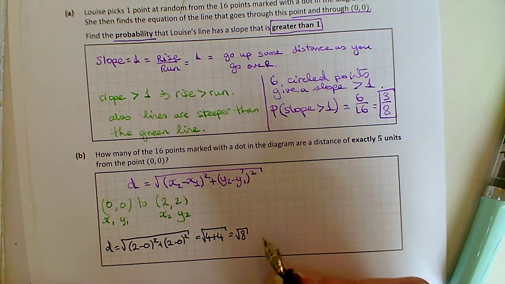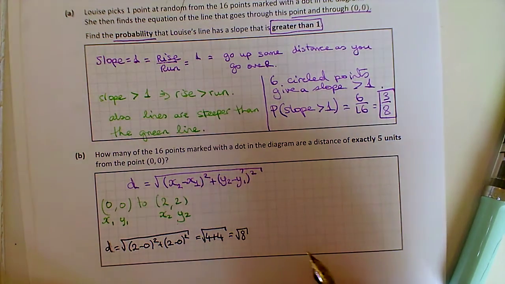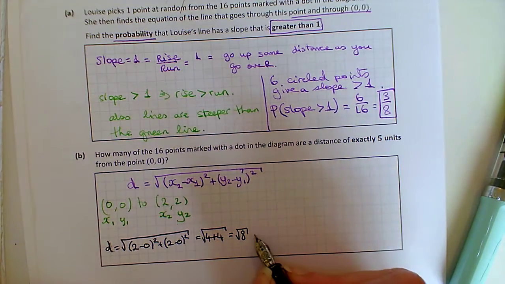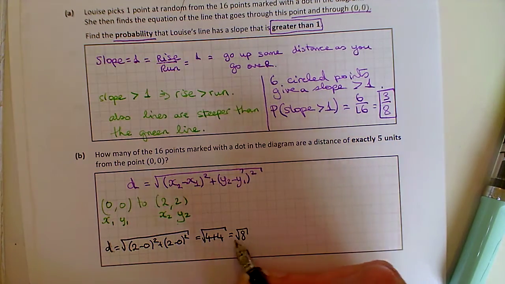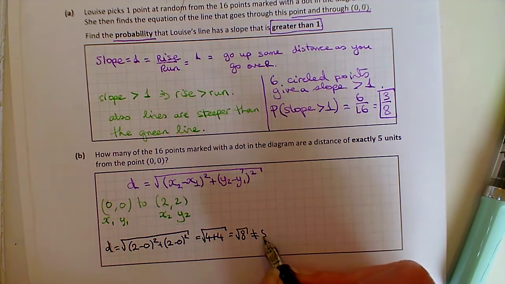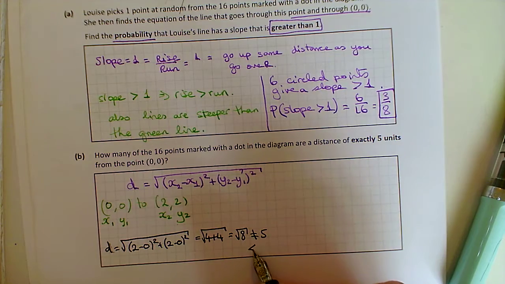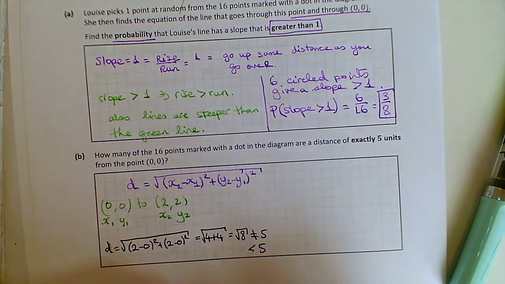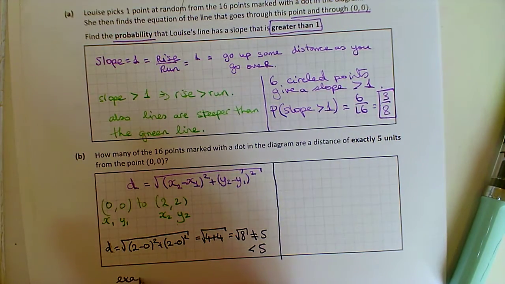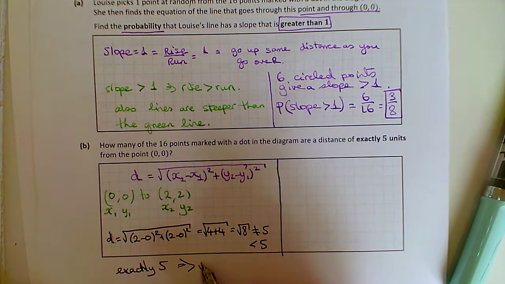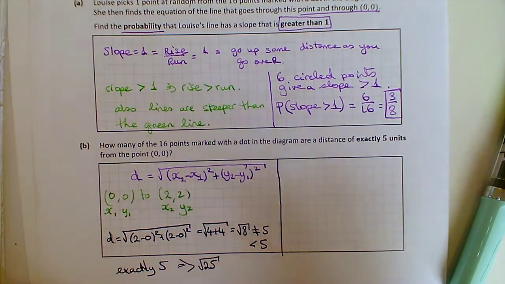If you put that into your calculator to see if it's definitely not exactly 5, you'll get 2 root 2. So it's 4 point something, I think. So that's definitely not equal to 5, but more importantly, it's less than 5. What square root would I need to get exactly 5? Exactly 5 means I'm looking for the square root of 25.